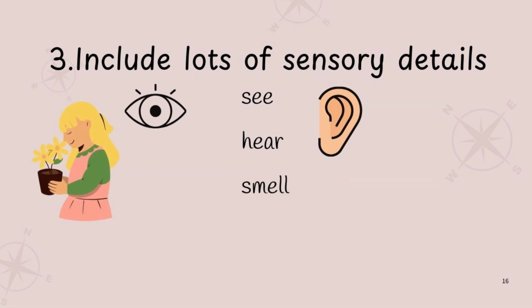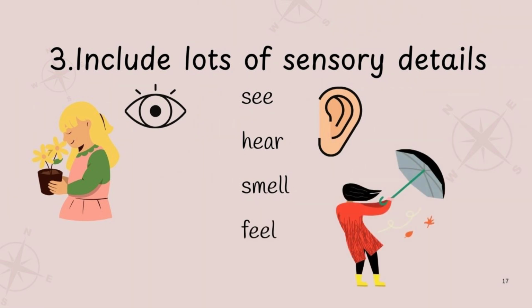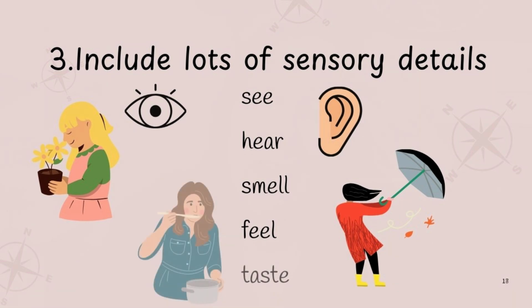Fresh pine, salty air, warm vanilla from a candle. What do you feel? A warm breeze, or the soft grass underfoot, or the weight of a cozy blanket. And what do you taste? A sip of tea or the crispness of the air?